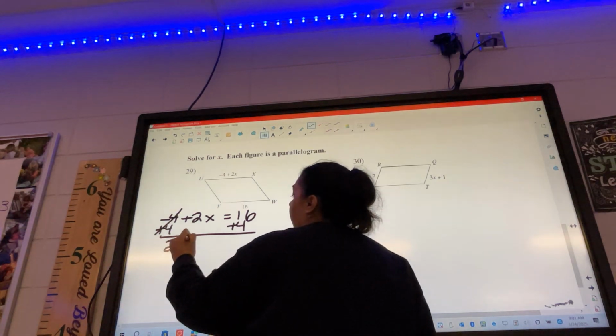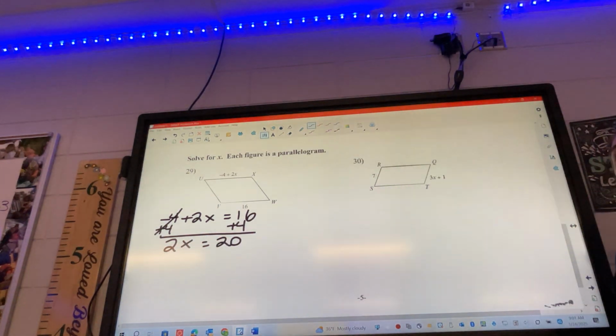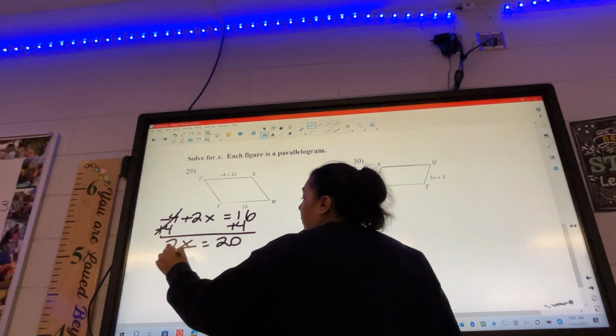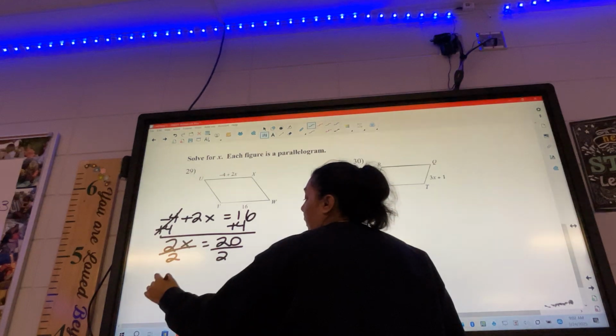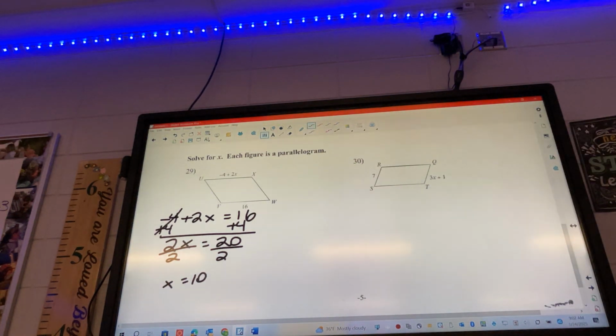I get 2x equals 20. Then divide both sides by 2. So we get x equals 10. Do we stop or keep going? We stop.